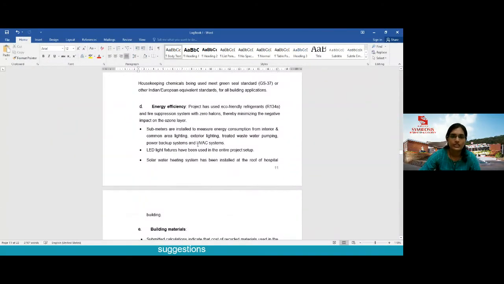Yeah, energy efficiency, like solar system, solar water heating system is available. Then eco-friendly refrigerants and fire suppression system with zero halons, thereby minimizing the negative impact on the ozone layer. Now these things are very technical things, but if you get the information from the hospital staff, you can of course mention it. Okay.